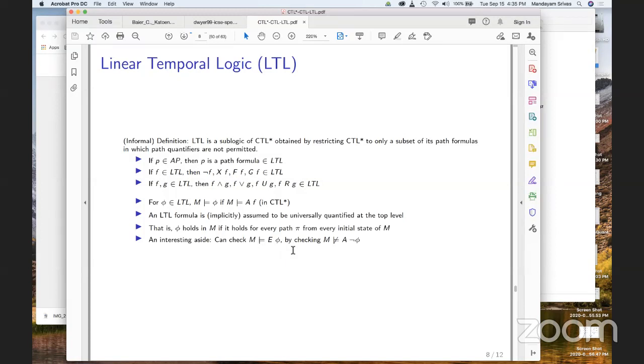So LTL is interested in proving properties about all paths originating from the initial states. And CTL, and CTL star in general, is a logic that is also able to express and prove properties about the branching behavior of systems.